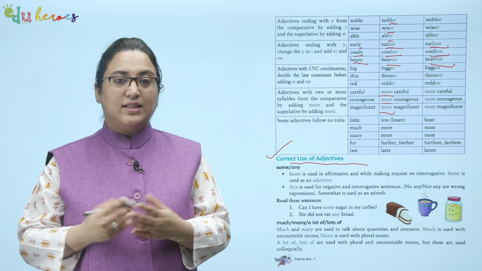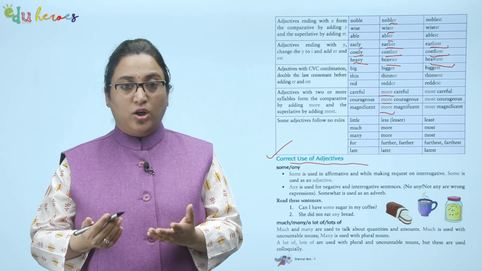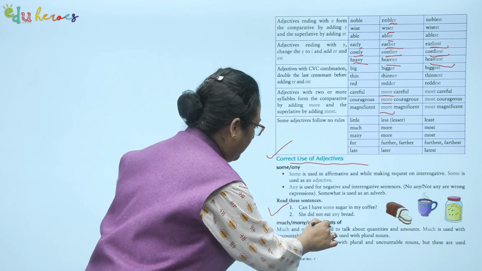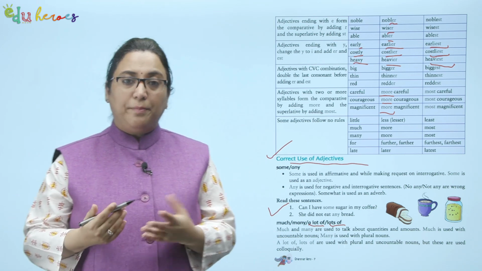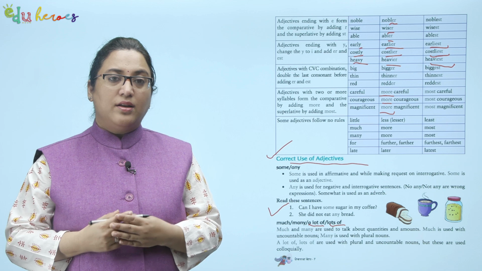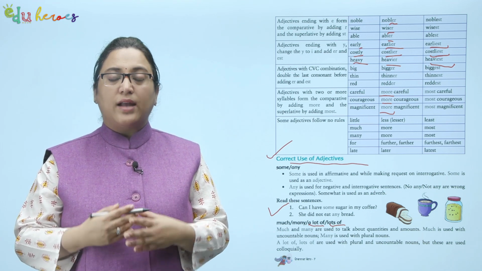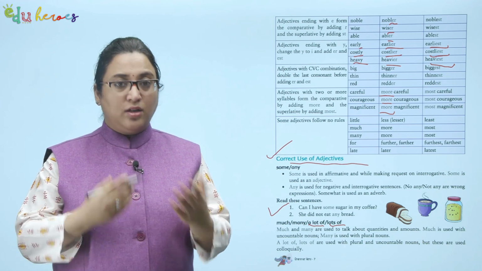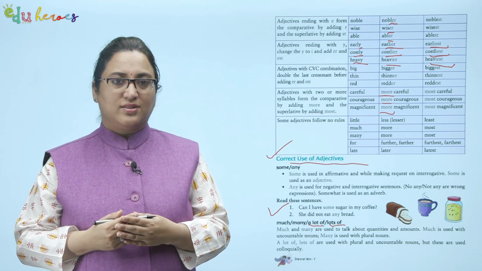Next we have words like much, many, a lot of, lots of. So although they look similar, a lot of, lots of, there is a difference in their application. Now much and many are used to talk about quantities and amounts. Much is used with uncountable nouns and many is used with plural nouns.